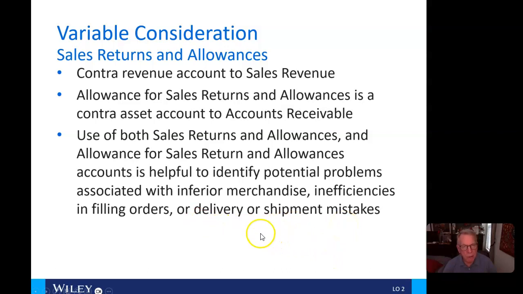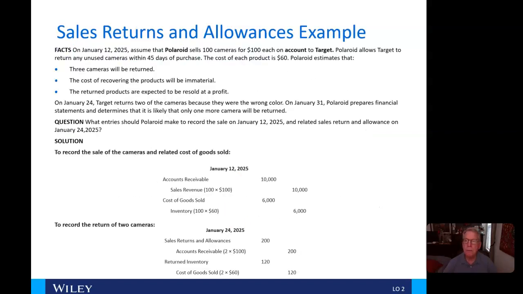So if we have a sales return, that's bad. If we have a sales allowance, that's bad. If we're investigating that, which we often do as managerial or financial accountants, that pinpoints where we want to go look for opportunities to improve in the future.